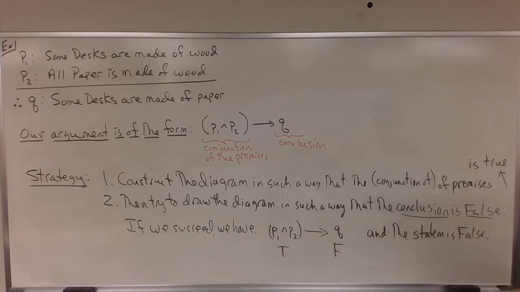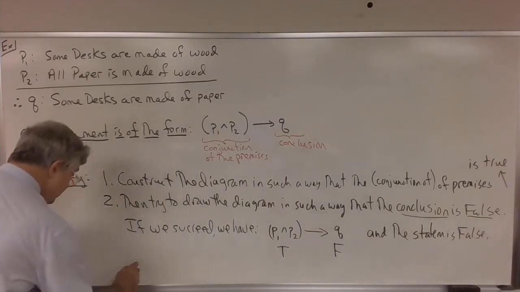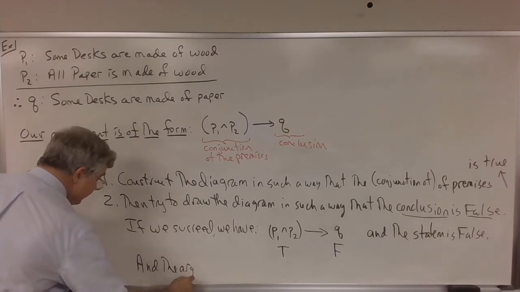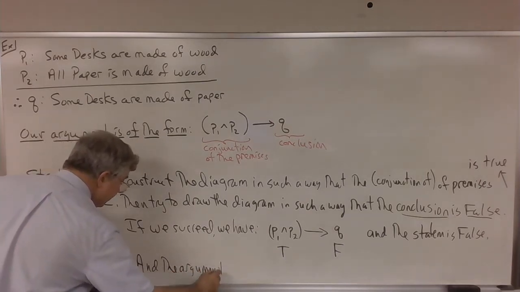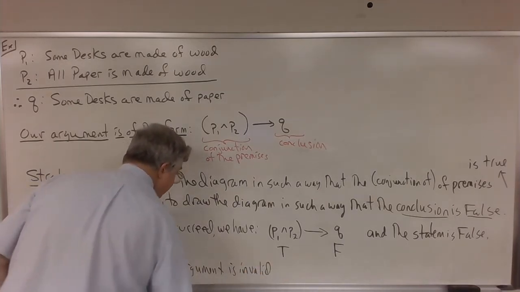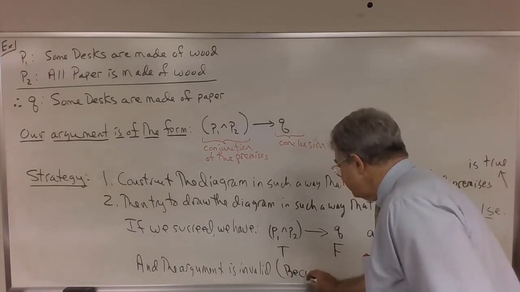So for at least one set of truth values, the statement is false, and the argument is invalid. Why? Because it's not a tautology.